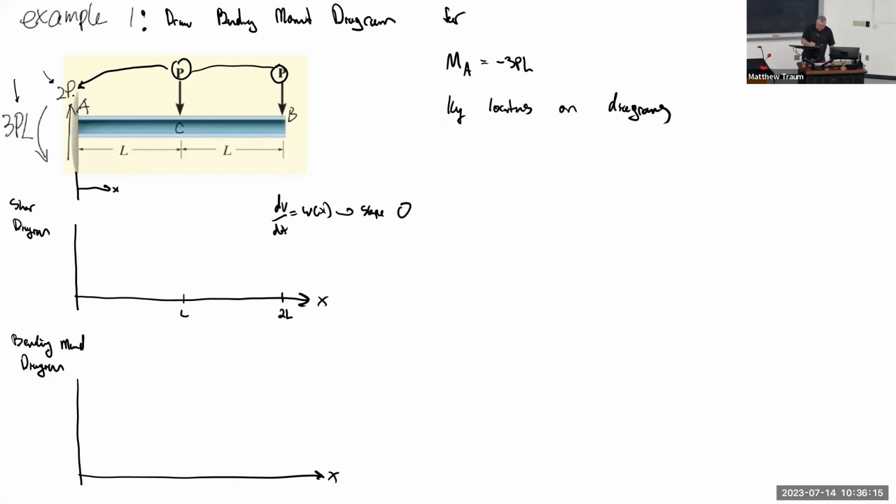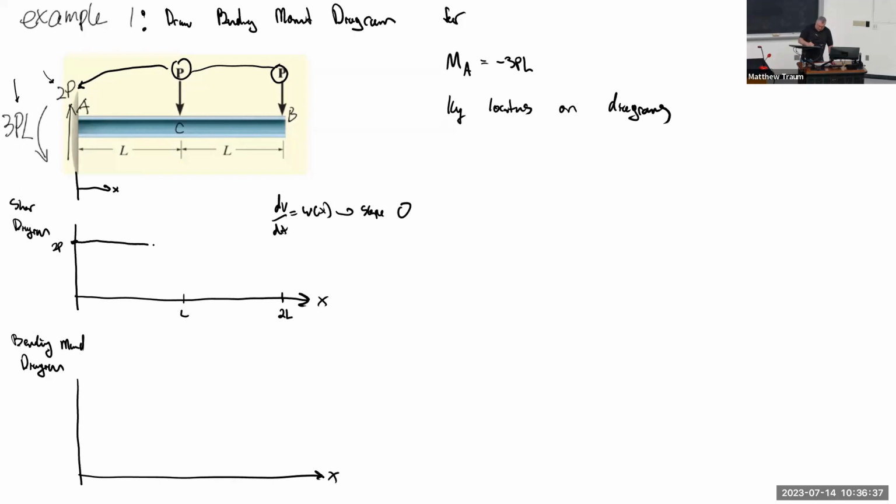And I know that the value starts at 2P. I can start at 2P, and I got that from, as Dr. Ting said, the mechanics of materials calculation for the reaction of the wall on the beam. But the slope is going to be 0.